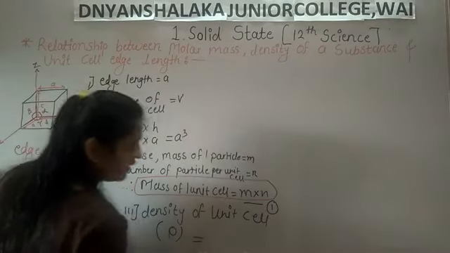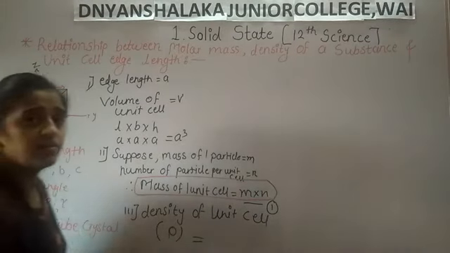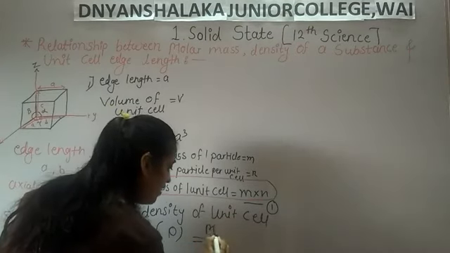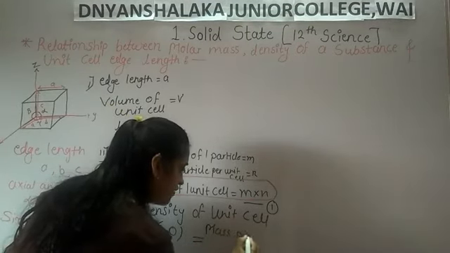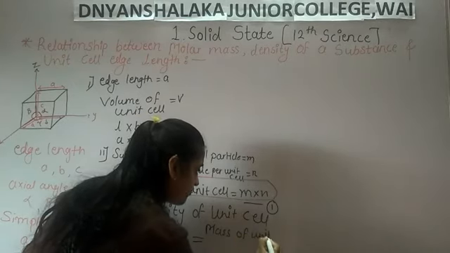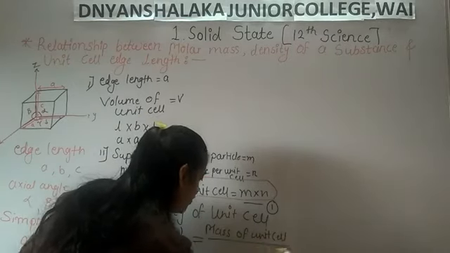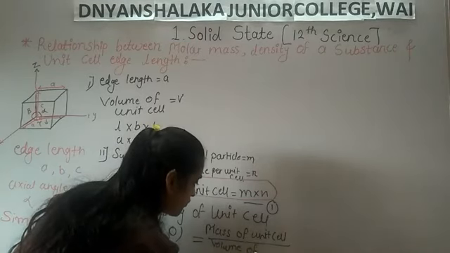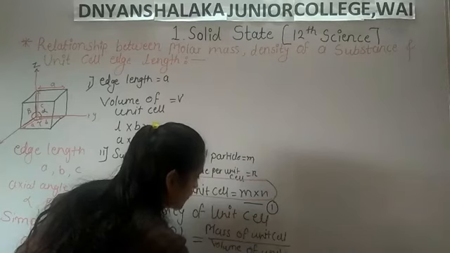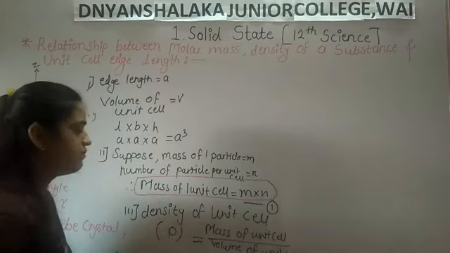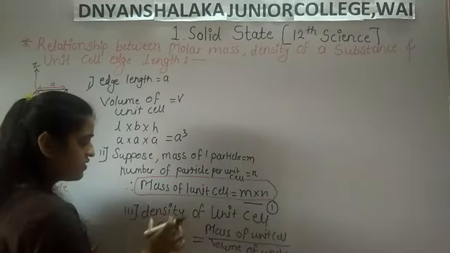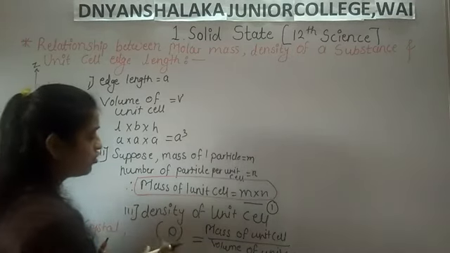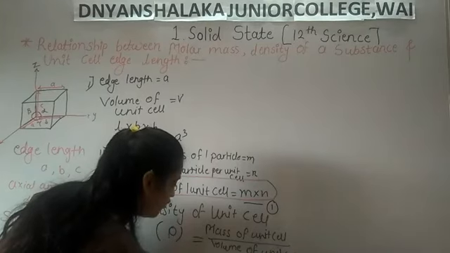We know generally that density is the mass of the unit cell upon the volume of the unit cell. So rho is equal to the mass of the unit cell upon the volume of the unit cell. This is the density of the unit cell, meaning the density of the substance.